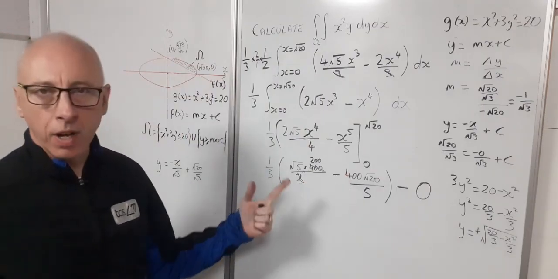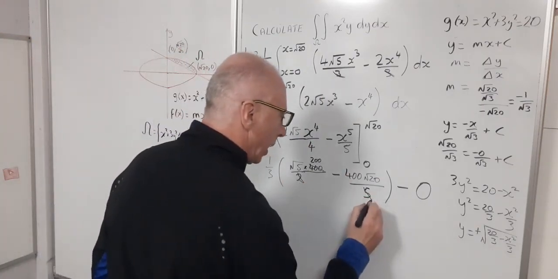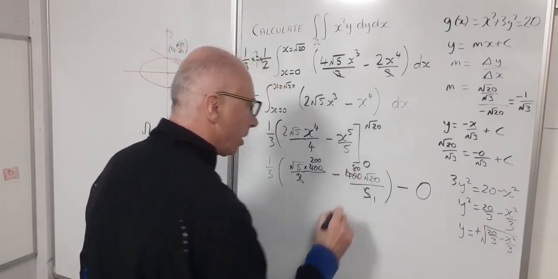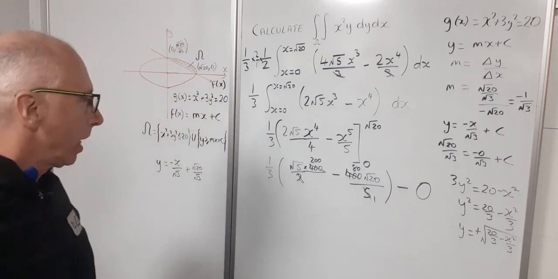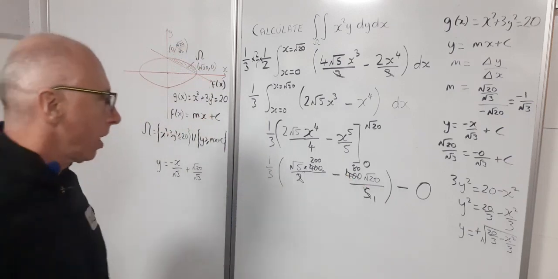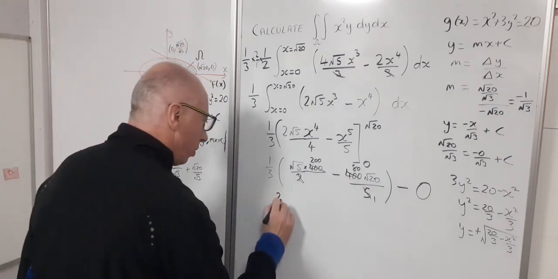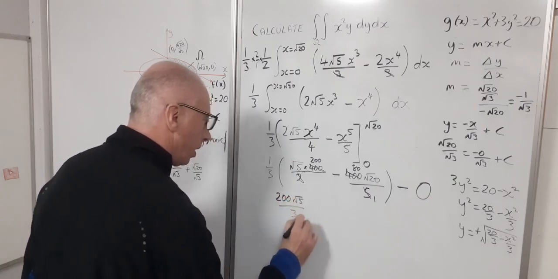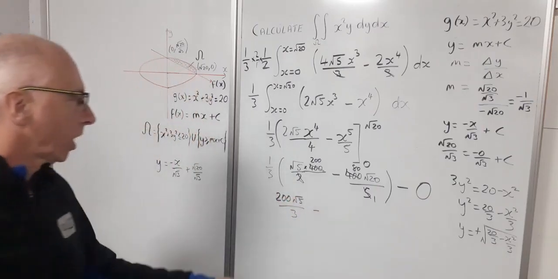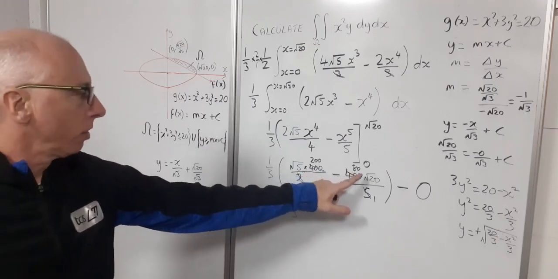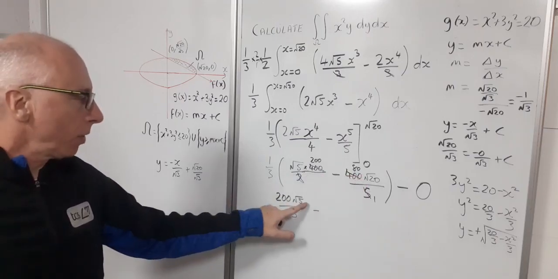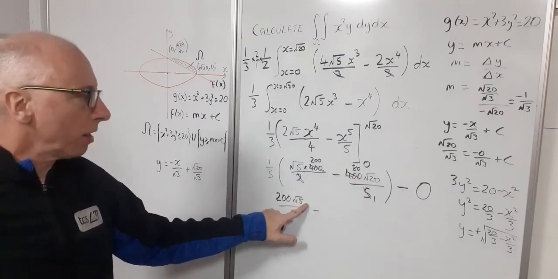So 400 over 5 I can simplify straight away. That's going to give me 80. So now I've got 80 root 20 in there. So now let's bring the 3 inside. So now I've got 200 root 5 over 3 minus 80 root 20 over 3. Now root 20, if I get it in terms of root 5, that's going to help me a lot.